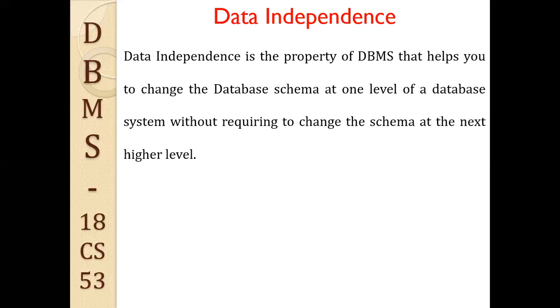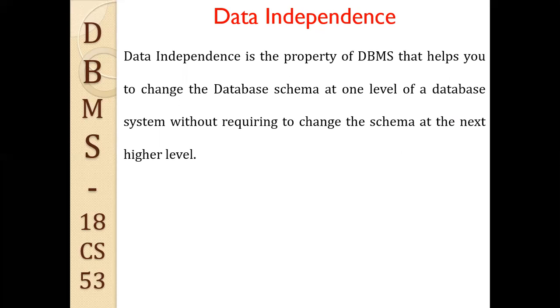Data independence is the property of a special feature of the DBMS that helps to change the database schema at one level without requiring a change to the schema at the next level. As we have seen, there are three levels: internal, conceptual and external. If I make any changes in one level, there is no need to change the schema at the next level.